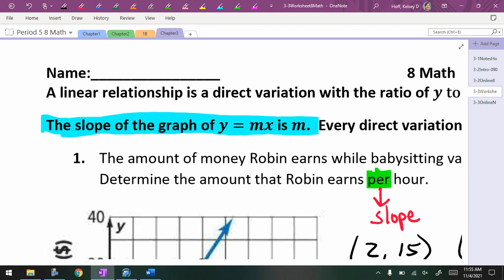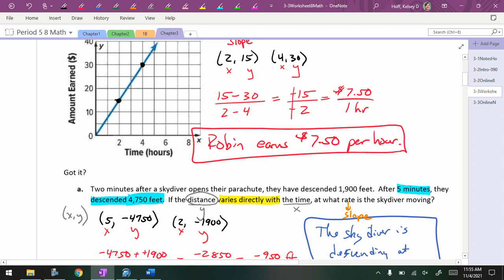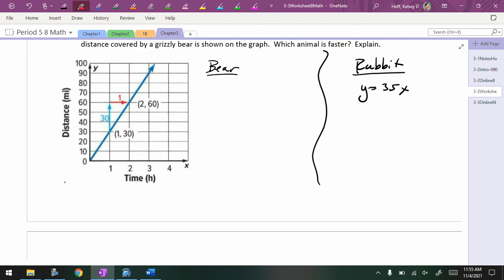The slope of a graph that's written as y equals mx is m. The number multiplied by x is your slope. So for the rabbit's case, my slope is 35 over 1.